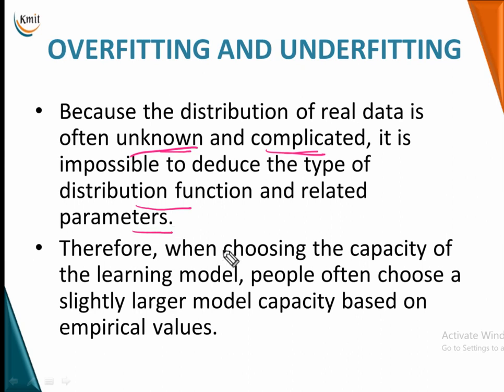Therefore, while choosing the capacity of the learning model, you cannot exactly say, optimally I'm going to pick only this amount of hypothesis space, because the data is not in my control. So people often choose a slightly larger model capacity based on empirical values. So it's always better.